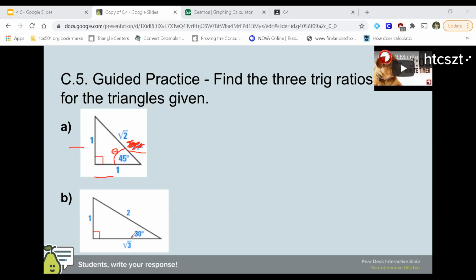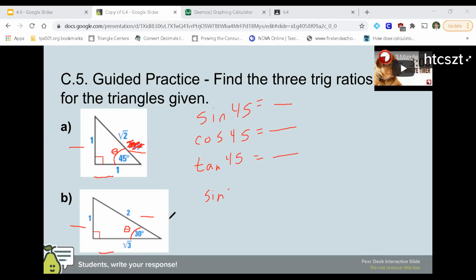Then tell me what is the sine of 45, the cosine of 45, and the tangent of 45. Again, your answers will all be blank over blank, blank over blank, blank over blank. Do the same thing for B, for angle 30 here. Label your sides.